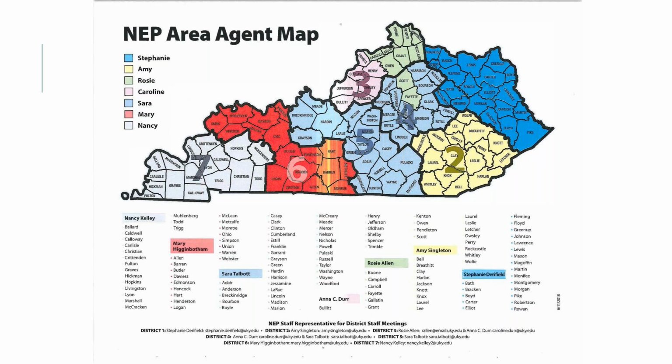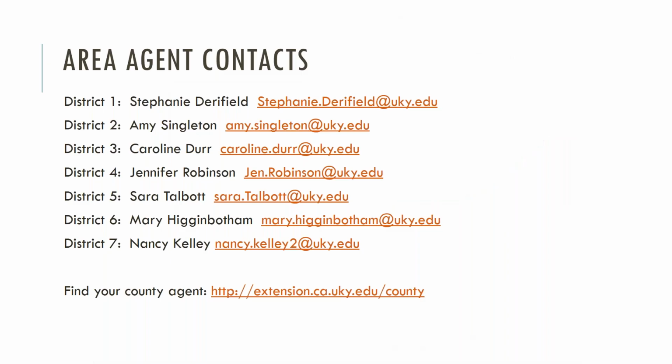And you can find your county on there and figure out who your NEP area agent is. And then here is their contact information. Basically, it's just their name with @uky.edu.